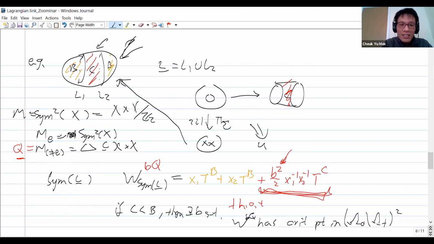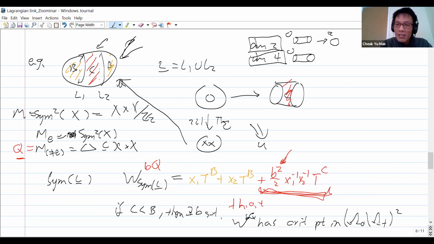This is the difference between the ambient manifold being dimension 2 or dimension 4. If the ambient manifold is dimension 2, then the Maslov 0 annulus will go to a Maslov 2 disk. But if the ambient manifold is dimension 4, then the Maslov 0 annulus will lift to a Maslov 0 disk.